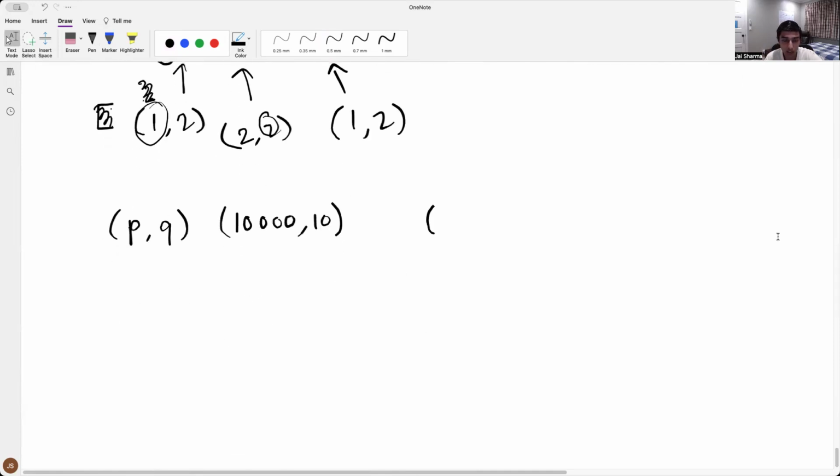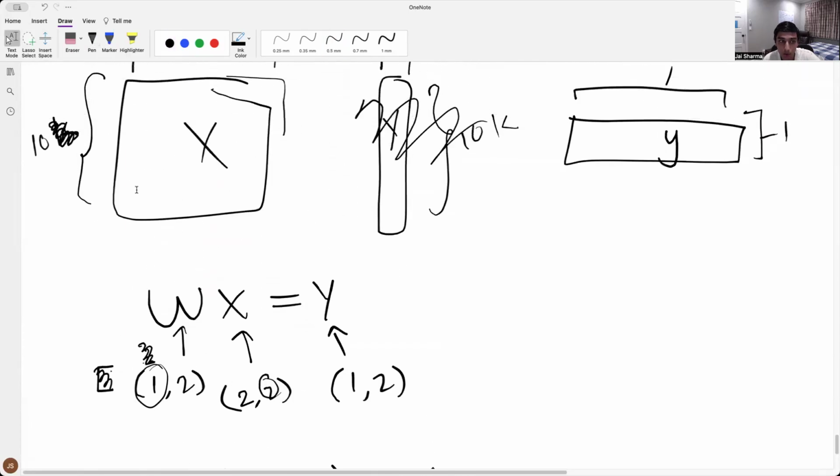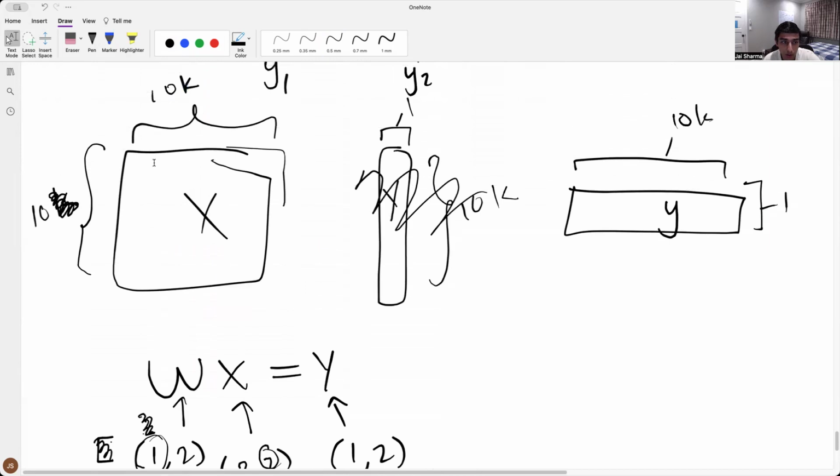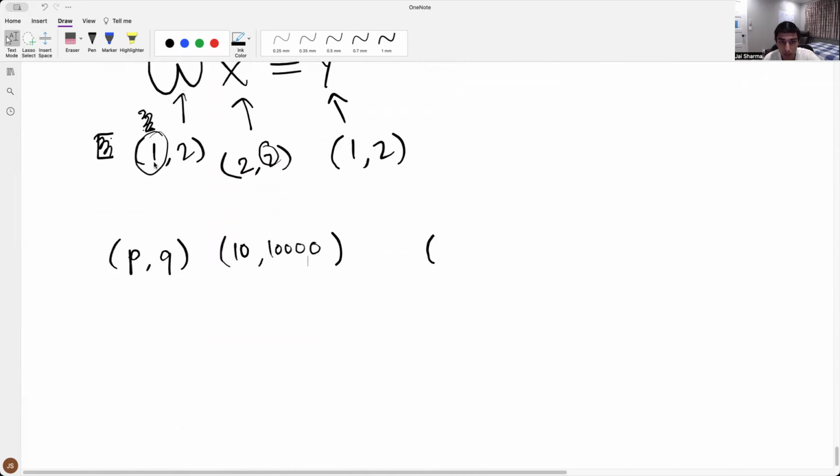So in that case, I should actually fix this up and change this to 10 by 10,000. So there's 10 rows over here and 10,000 columns, each corresponding to one of the examples.